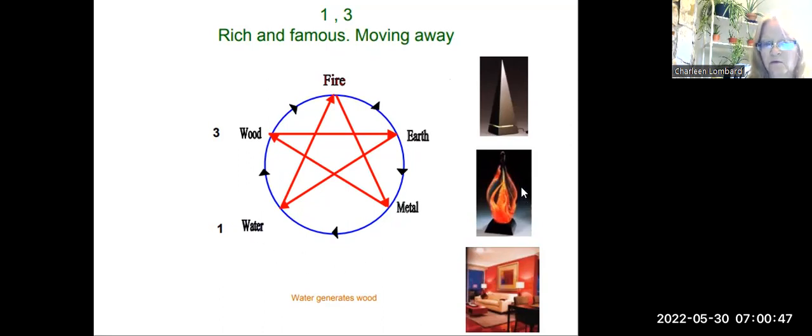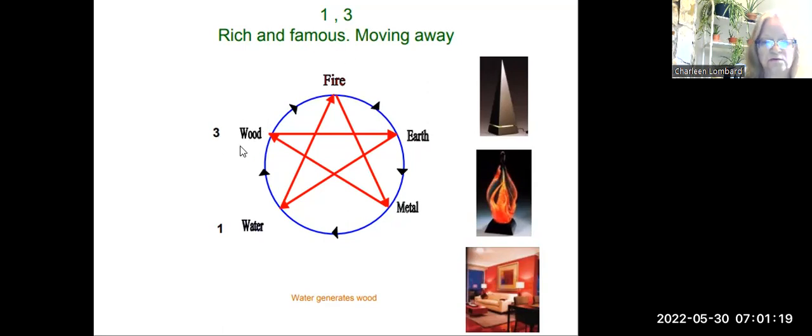But a water element, so anything wavy, and if it's red, that's good. Anything pointing is a fire element. And what you want to do is add some fire to the number 3. So you want to add fire energy to the wood because you want to create and birth energy from the wood.